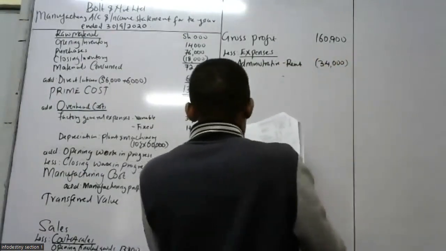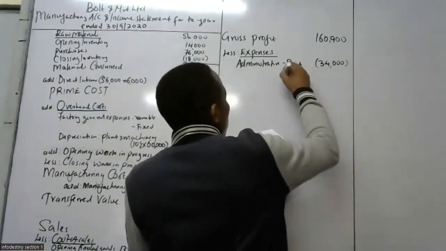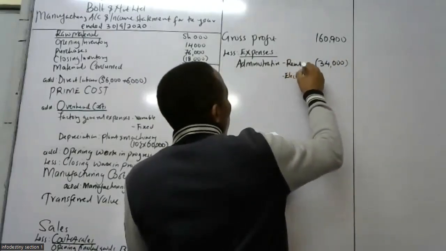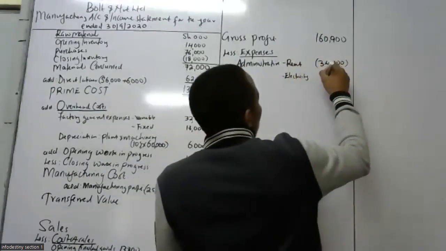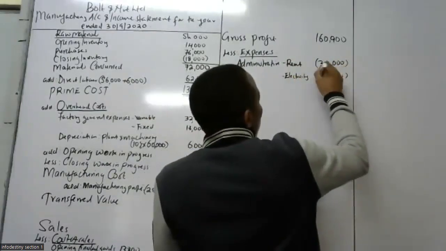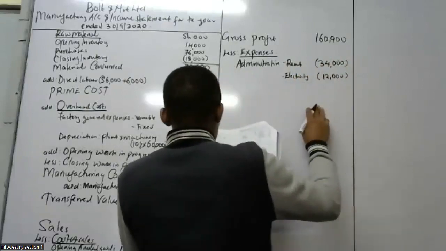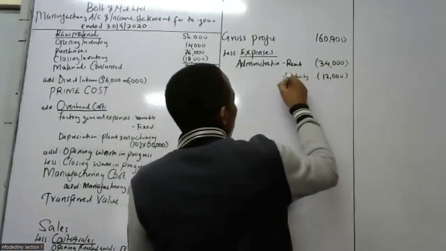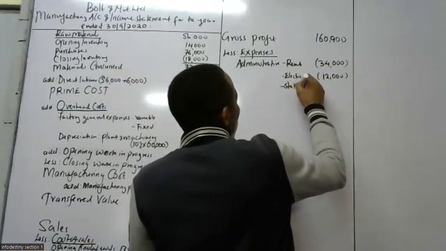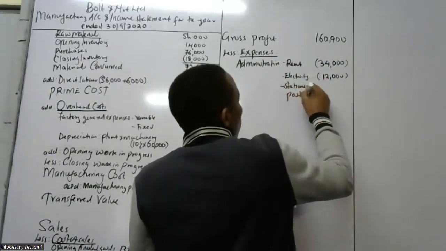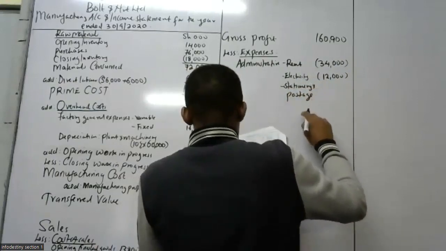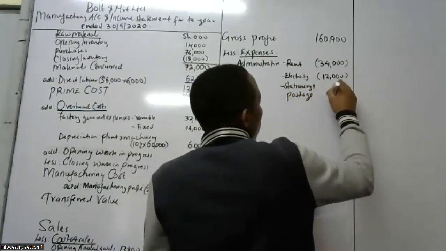And now we can key in the others. We have electricity. It had no adjustment, 12,000. The next one, stationery and postage, 4,000.